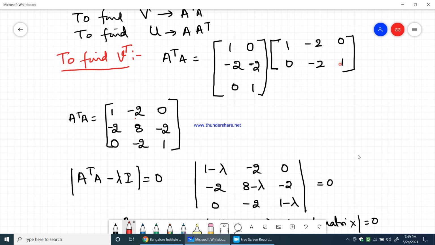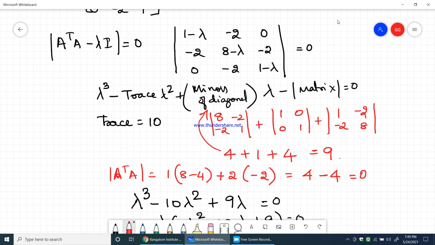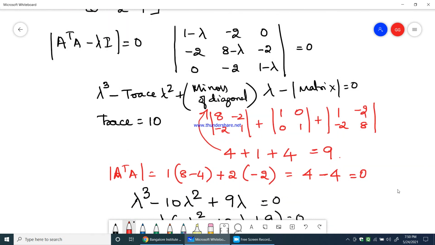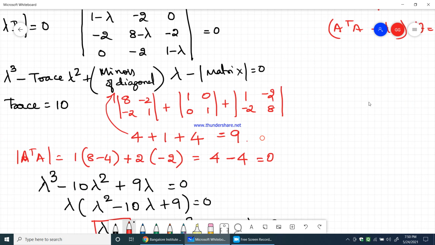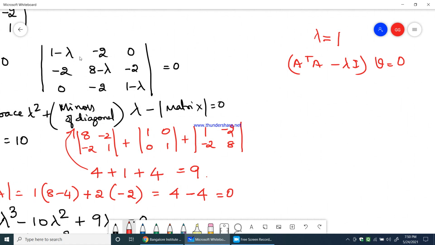So this is the matrix which we need to consider. So when I take lambda equal to 1, what is the vector that I get? Here (A transpose A minus lambda I) times V equals 0. So here A transpose A minus lambda when lambda equals 1 is 1 minus 1, which is 0.